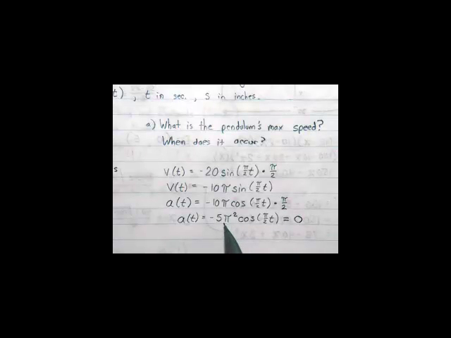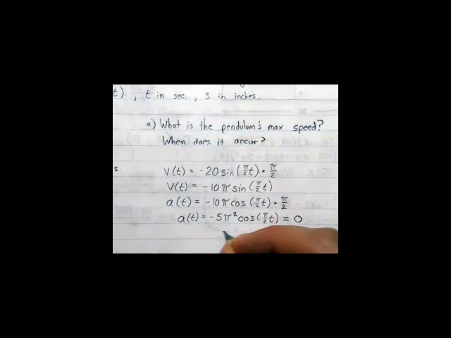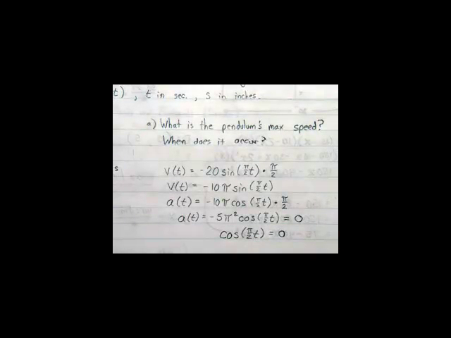If I set this equal to 0, I can just divide away the negative 5 pi squared and it doesn't really matter. So cosine(pi over 2 t) equal to 0 is where its maximum speed is going to happen. So I got to do an inverse cosine of 0 equals pi over 2 t.